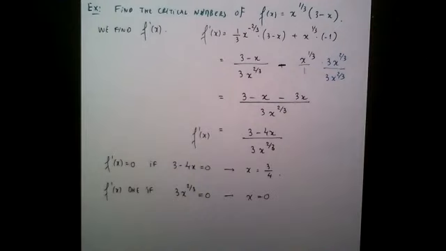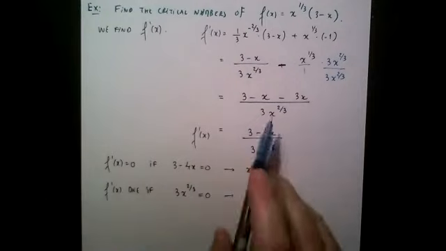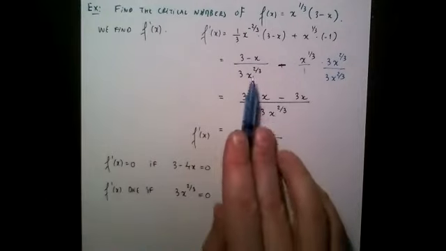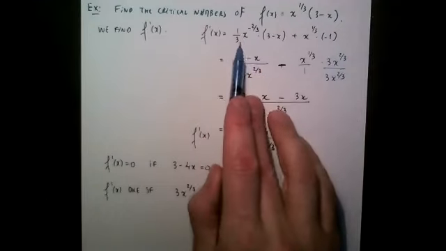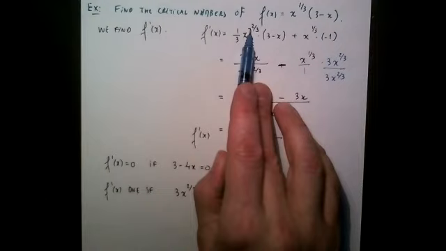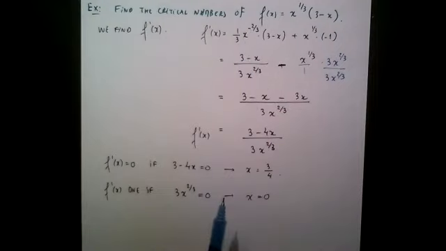Sir, how did you get the 3 minus x over 3x to the 2/3? This? Yeah, that. I just sent the x to the minus 2/3 to the bottom, since it's a negative exponent. Oh, okay.